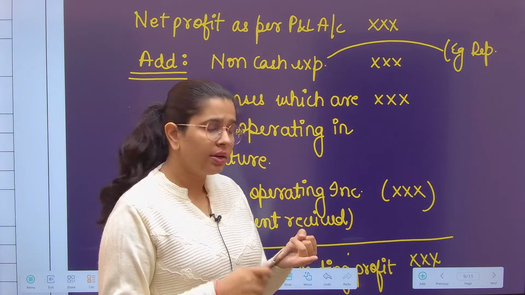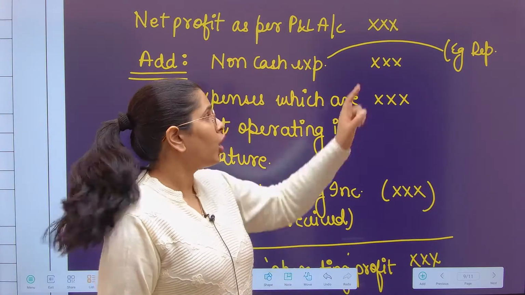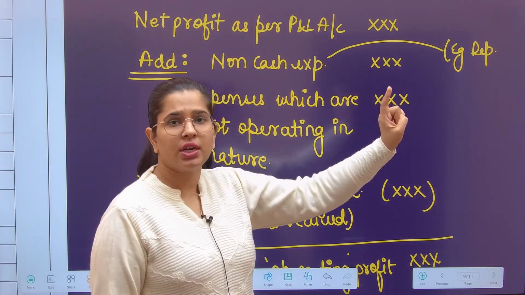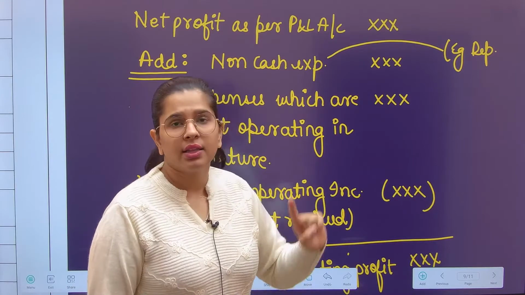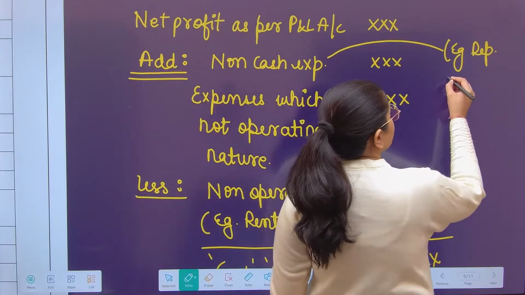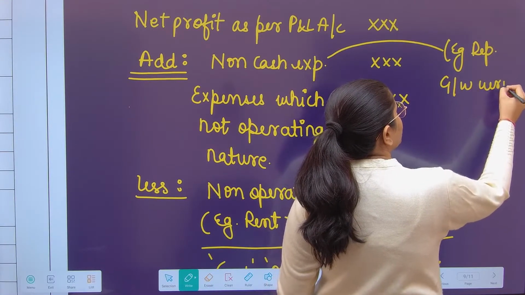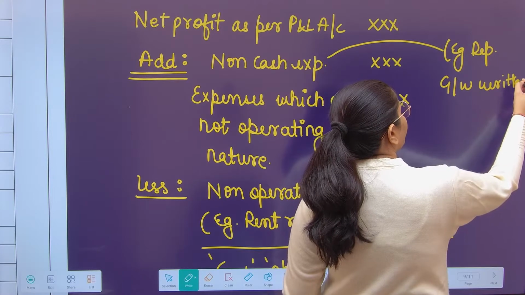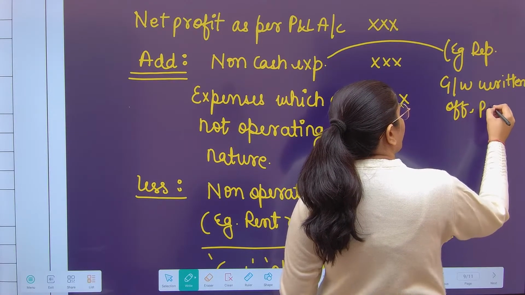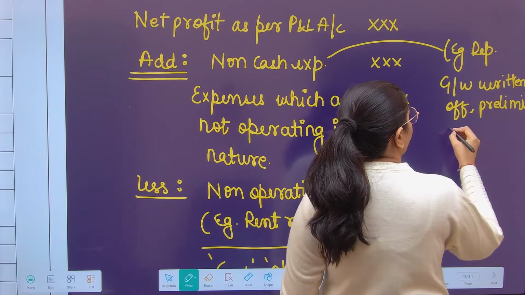No. I want my profit in cash and operating nature. Although depreciation is operating in nature because you are using the machinery for production of goods, but this is a non-cash item. Apart from it, sometimes you will witness write-off of fictitious assets like goodwill written off, preliminary expenses written off.